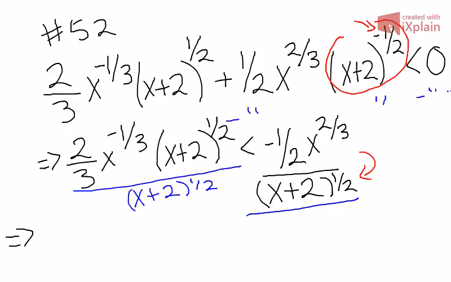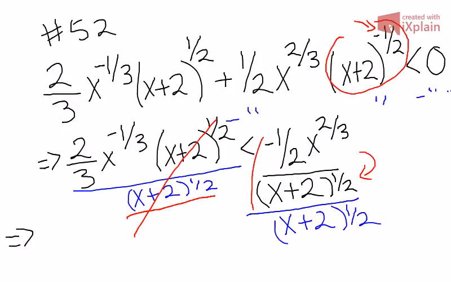Okay, now I'm going to divide both sides by this x plus 2 to the 1/2. Okay, so what that does is that cancels it over here, right? And so I'm dividing this whole thing by this x plus 2 to the 1/2. So that makes this be just regular x plus 2, because these two 1/2s go together to give you 1.